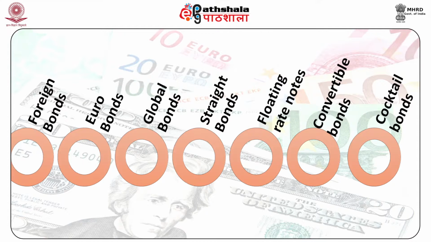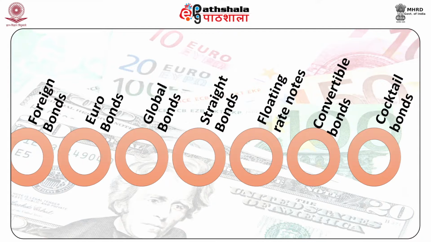To fix the coupon rate, creditworthiness of the borrower is taken into consideration. Floating rate notes. Bonds that carry variable rate of interest are known as floating rate notes. These bonds were first issued in Italy during 1970.